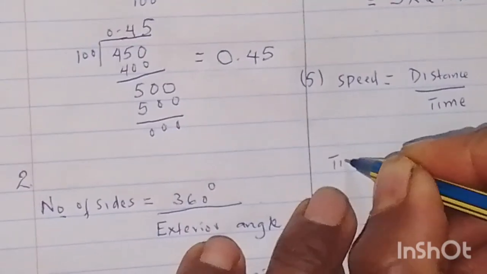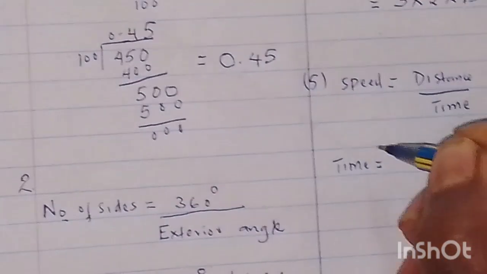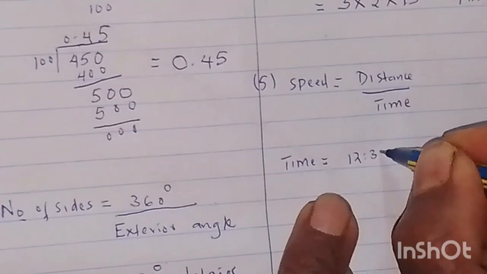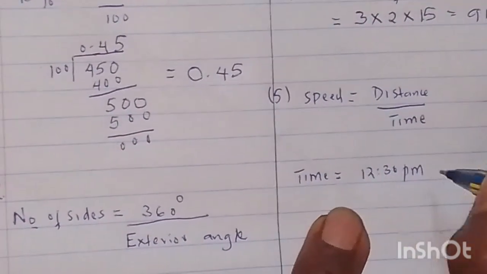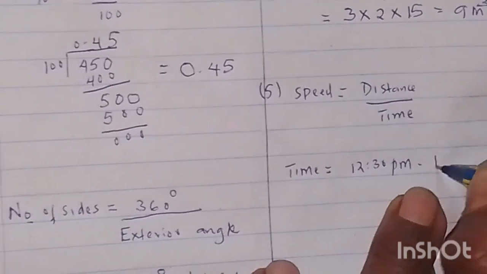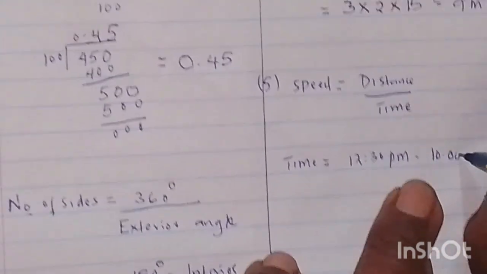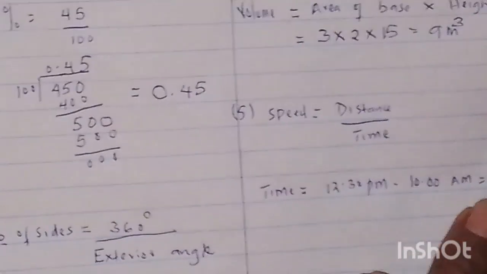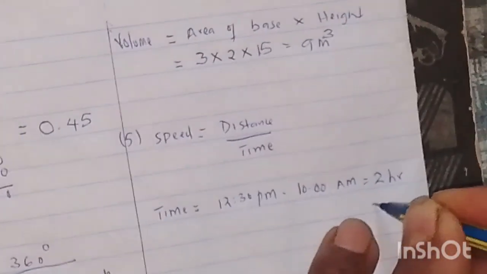It arrived at 12:30 p.m. but started at 10 a.m. Therefore, the difference in time is 2 hours and 30 minutes.